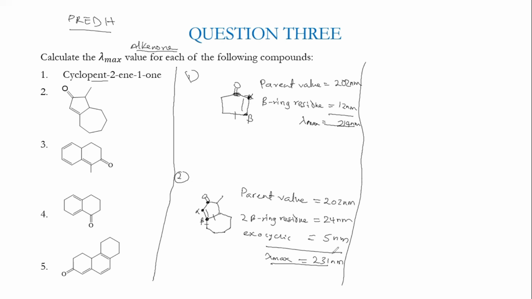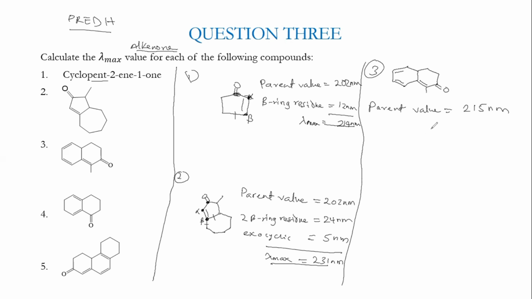So let's solve question number 3. Now, what is going to be the parent value for this compound? Of course, you know that this one is a 6-member ring alkenone. So the parent value is 215 nanometers because it's a 6-member ring alkenone.